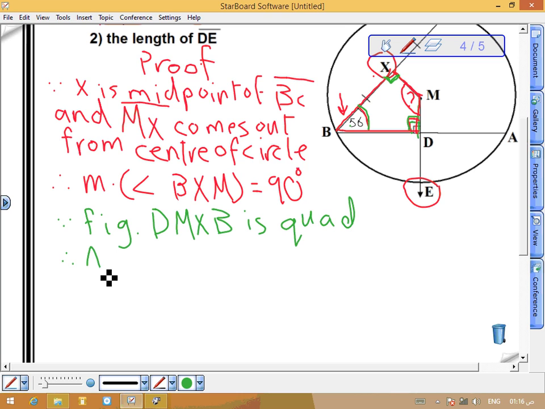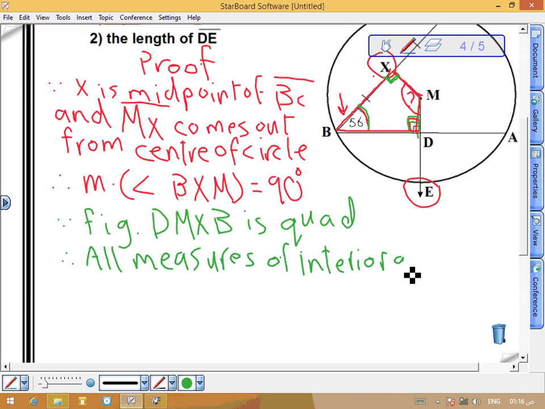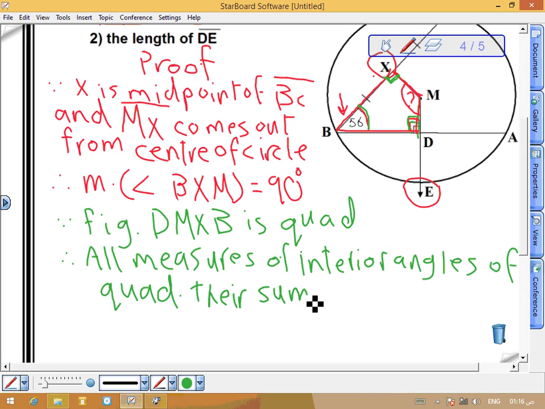Therefore all measures of interior angles of a quadrilateral, their sum equals 360 degrees.